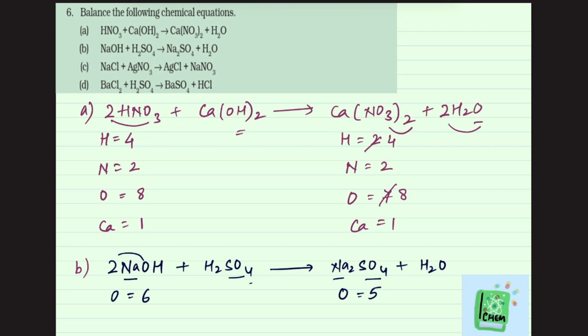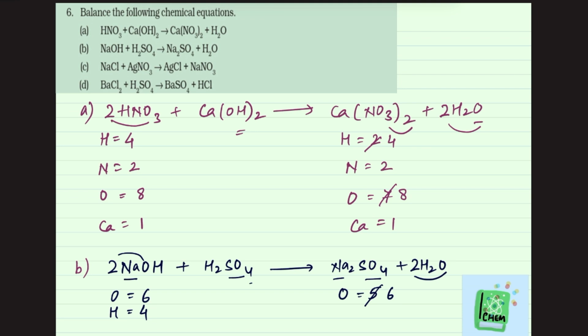Now if you multiply the formula for H2O by 2, put the coefficient of 2 before H2O, number of oxygen atoms become 4 from Na2SO4 and 2 from water. So total oxygen atoms is now 6. Number of sodium is balanced, number of oxygen is balanced. Number of hydrogen atoms on the reactant side is 2 from NaOH and 2 from H2SO4, total 4.